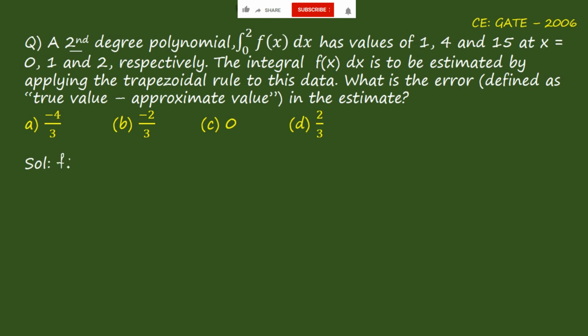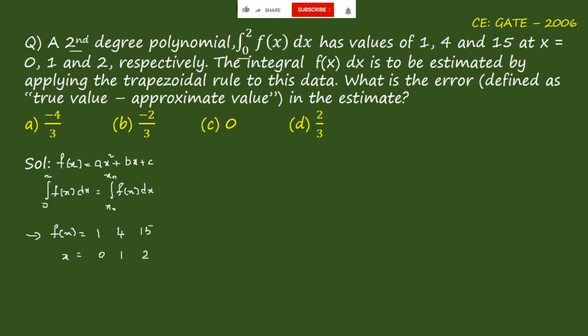So consider the function f(x) equal to ax square plus bx plus c, and we are given the integration from 0 to 2 of f(x) dx, which is the integral from x naught to x n of f(x) dx. They have given the values of f(x) as 1, 4 and 15, and the values of x as 0, 1 and 2.